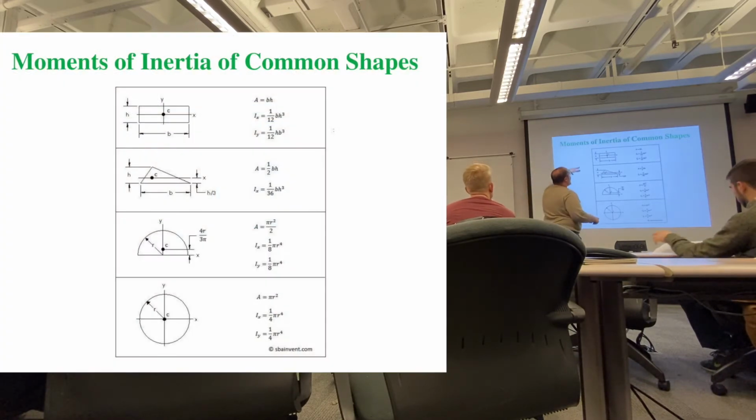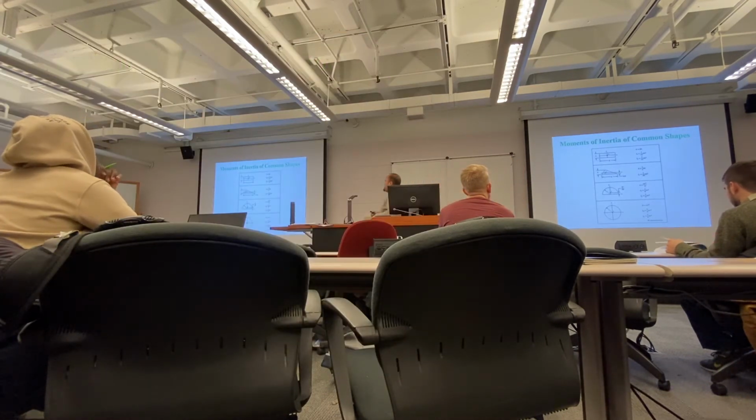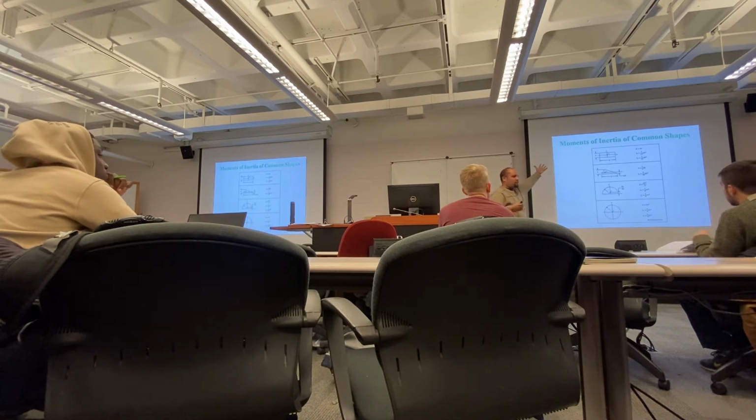For the rectangle, Ix is 1 over 12 b h cubed, Iy is 1 over 12 h b cubed. It's the dimension parallel to the axis multiplied by the perpendicular dimension cubed. For the circle, Ix equals Iy equals pi over 4 r to the power 4, and J equals I. It's really rare to deal with triangles under bending, so I wouldn't really worry about that. You should worry more about rectangles or squares and circles.